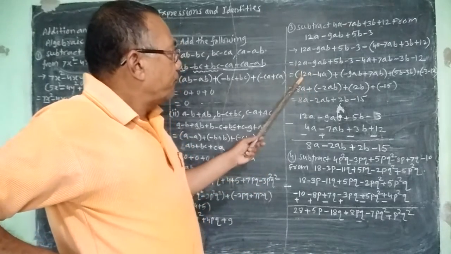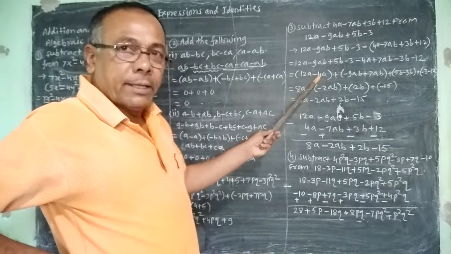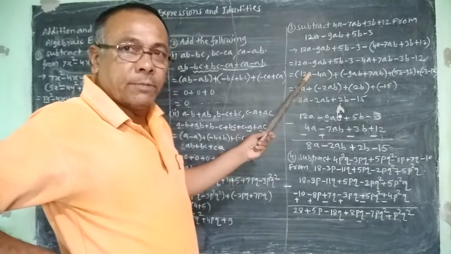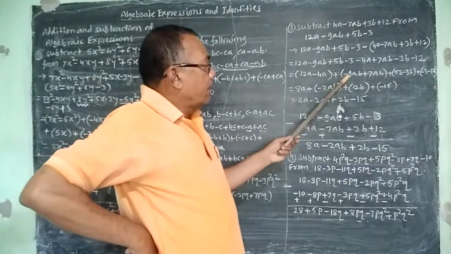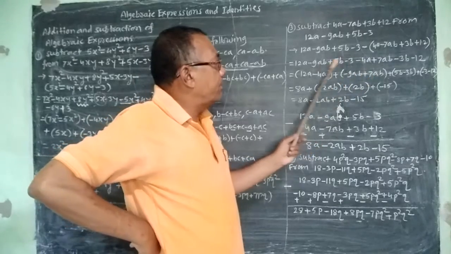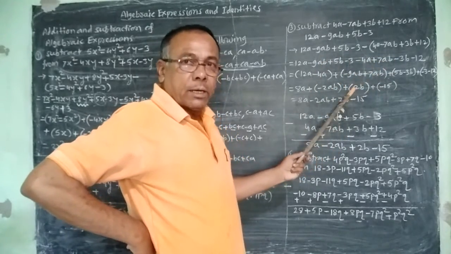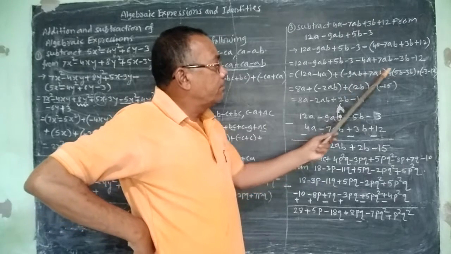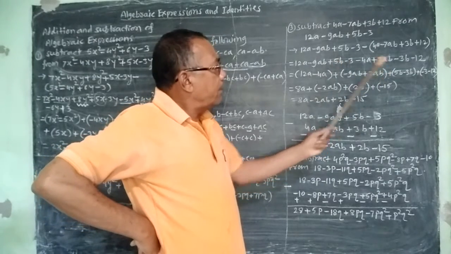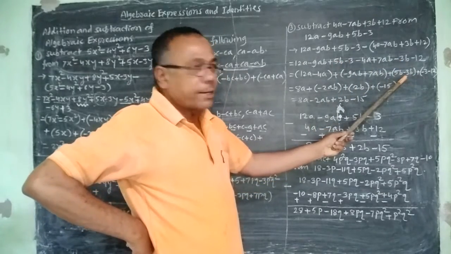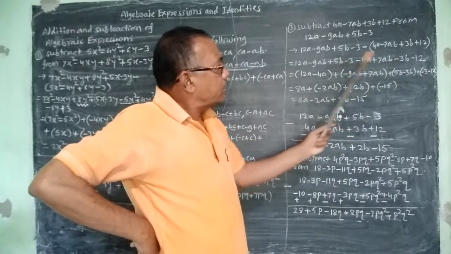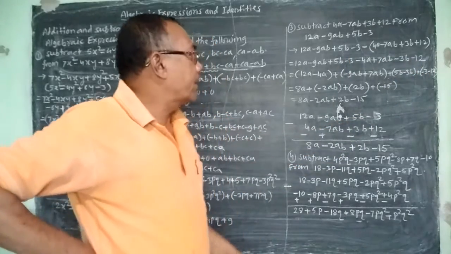Here 12a minus 4a, so these are the like terms collected in the first bracket, plus minus 9ab and plus 7ab are taken in the second bracket, plus 5b and minus 3b in the third bracket, plus minus 3 and minus 12 in the fourth bracket.